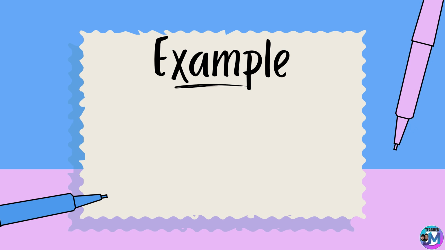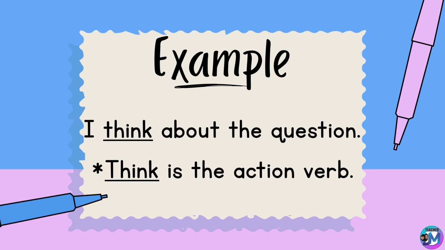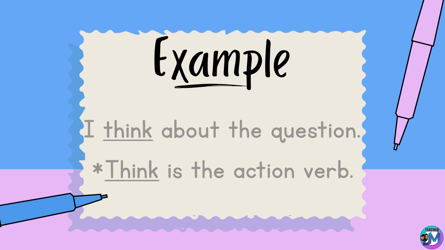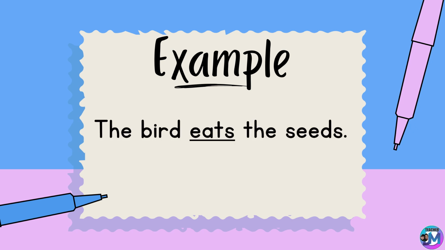Another example, let's read the sentence. I think about the question. The underlined word think is the action verb. Here is another example. Let's read the sentence. The bird eats the seeds.